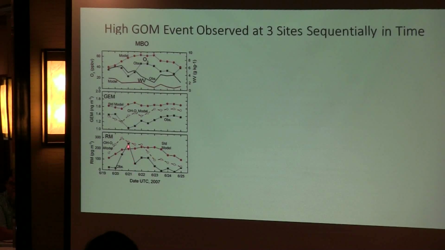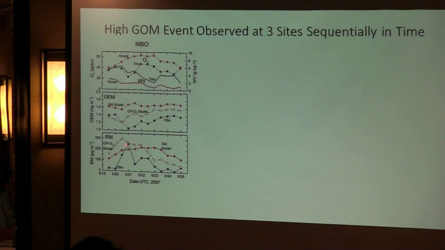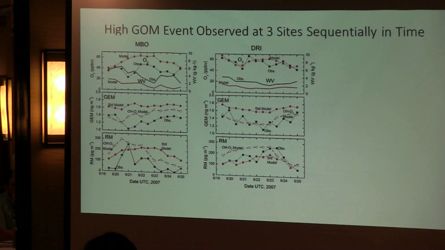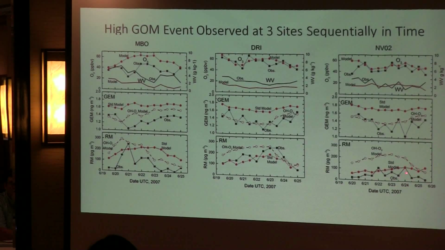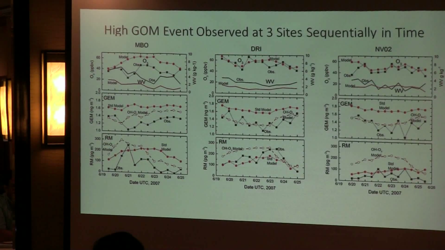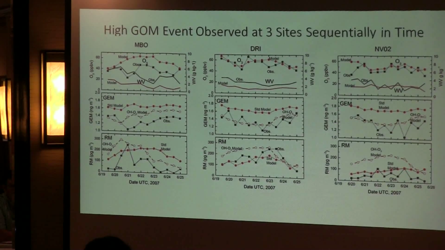It peaks on June 21st of 2007 at Mount Bachelor at about 250 picograms per cubic meter, the 12-hour average. And between the 23rd and the 24th, it was observed at the Desert Research Institute at about 250 picograms per cubic meter. And a little later on the 24th, at a much lower level, it was observed in northern Nevada, a little bit further to the east.